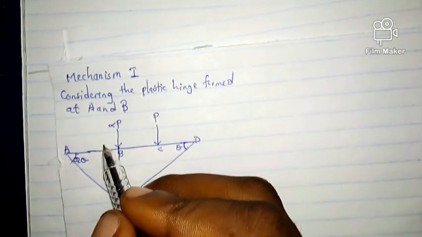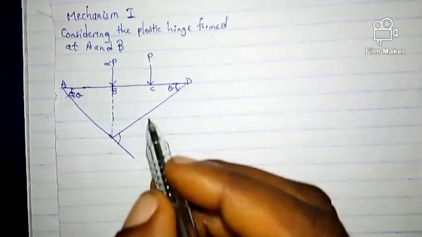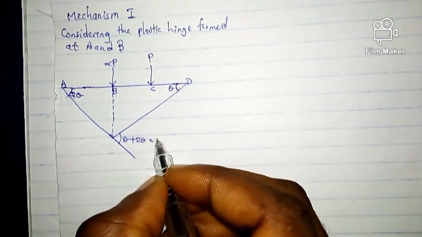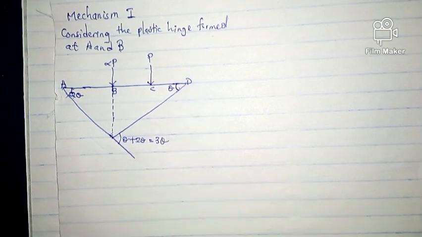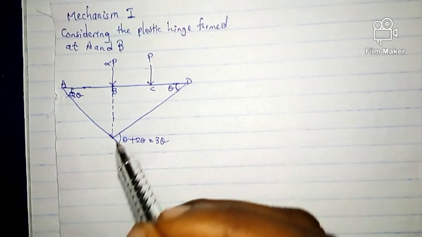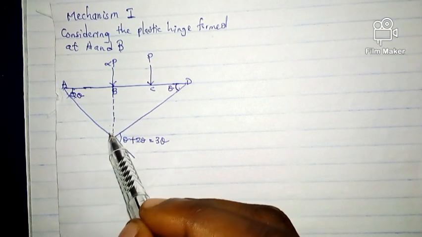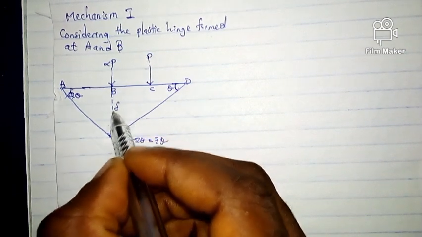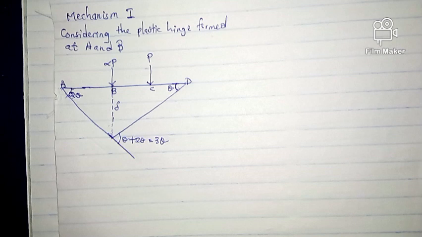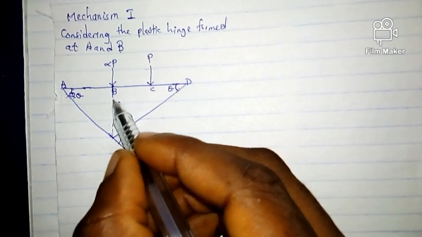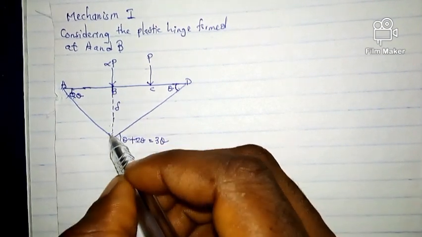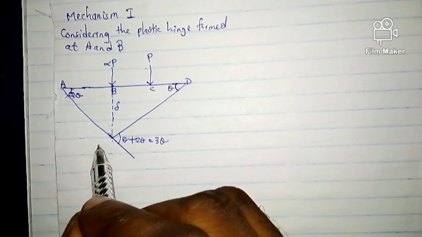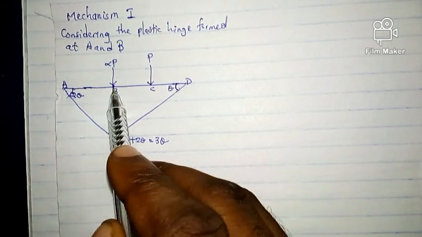So we have theta plus 2 theta is equal to 3 theta. Now, the next thing we do, we get our vertical displacement. What is our vertical displacement? Our vertical displacement will be called this symbol. So this is our vertical displacement. Remember, we are considering A, B.